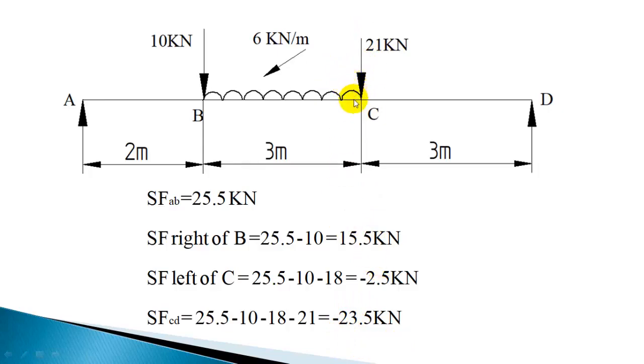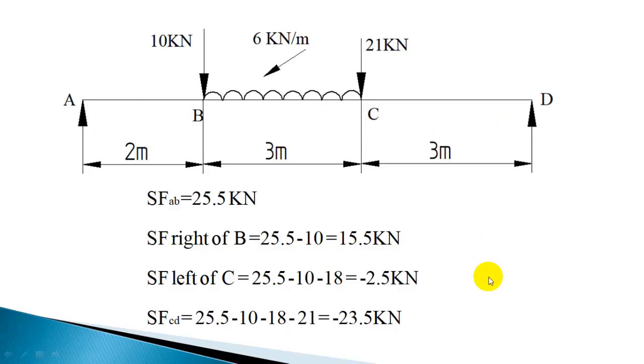When you move to the next section, this additional load is minus 21 because of downward force. So we got the shear force for all the sections.